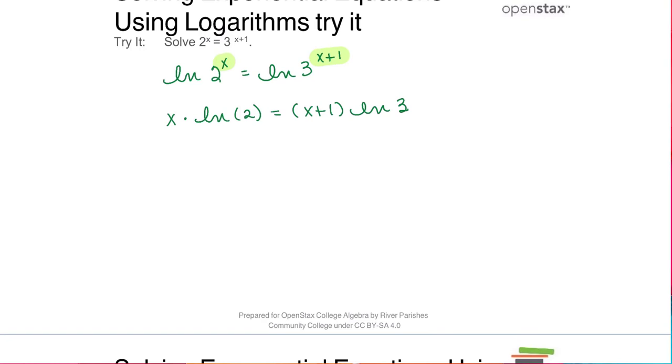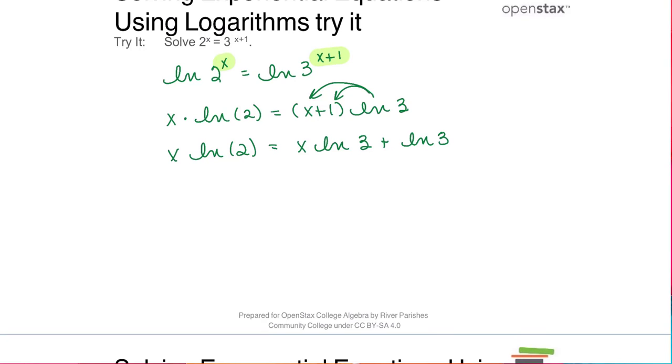Okay, so this one, I would distribute this ln of 3. I don't know that we can get around that, so let's go ahead and do that. x times ln of 2 is equal to x times ln of 3 plus 1 times ln of 3, which is just ln of 3.